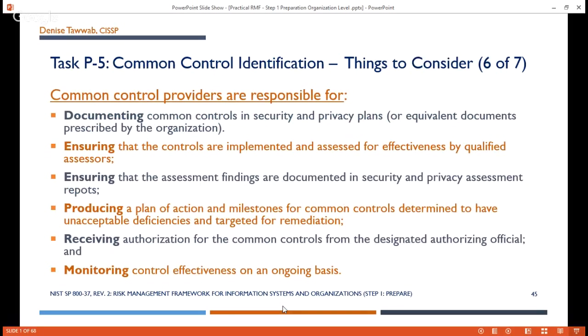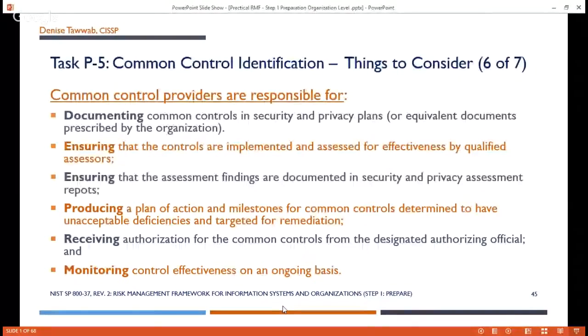Okay, common control providers, what are they responsible for? They're responsible for documenting common controls in security and privacy plans, for ensuring that the controls are implemented and assessed for effectiveness by qualified assessors, for ensuring that the assessment findings are documented in security and privacy assessment reports, for producing a plan of action and milestones for common controls that are determined to have unacceptable deficiencies and have been targeted for remediation, for receiving authorization for the common controls from the designated authorizing official.